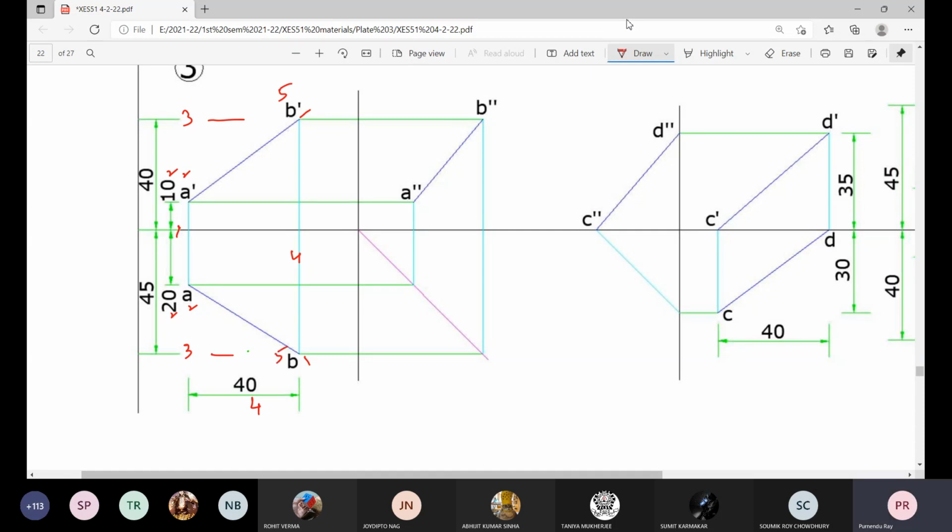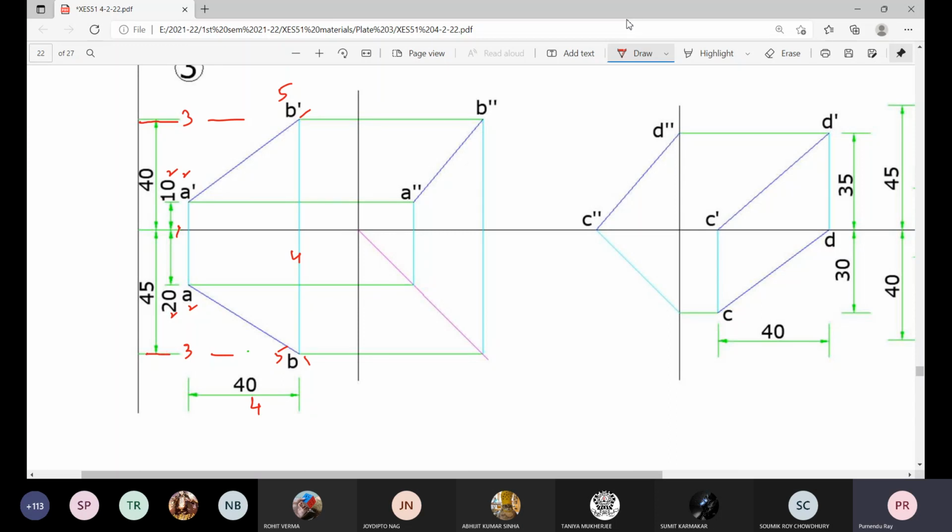Okay, I'll repeat. Step 1, draw this horizontal axis, XY ground line. Step 2, locate plan and elevation from the given information for capital A. Distance of B and B dash, that is plan and elevation of capital B, will be at these heights mentioned at this distance from the GL.